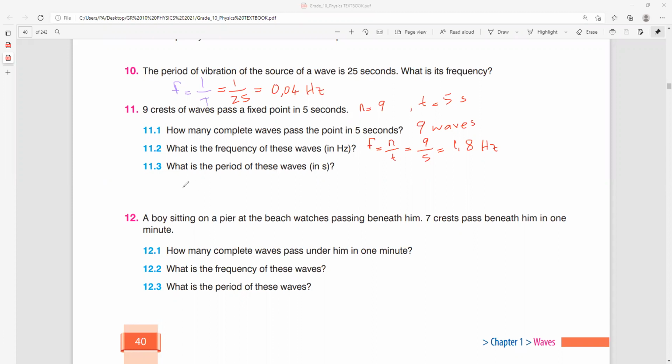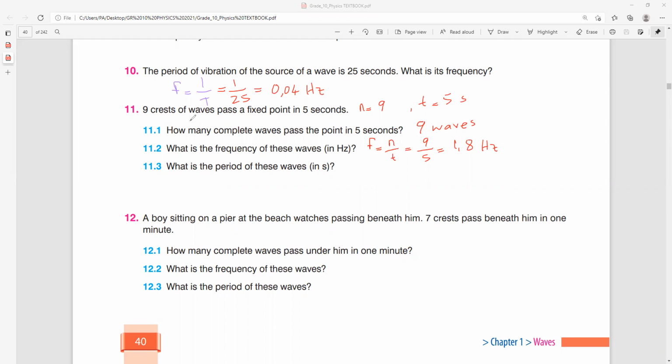1.8 Hz. So what is the period? Please try. You calculate frequency. They don't give you the number of waves directly, but they said 9 crests of the wave pass. Yes, 1 over 1.8.